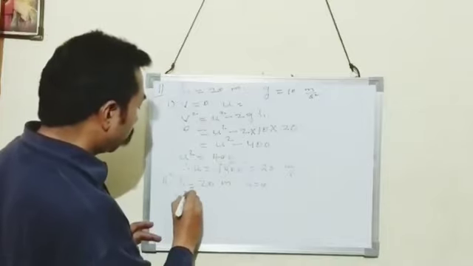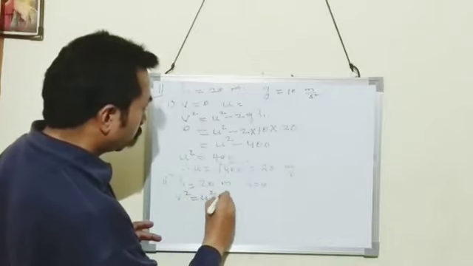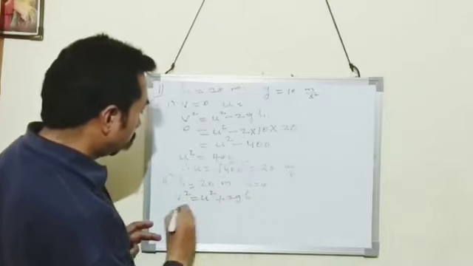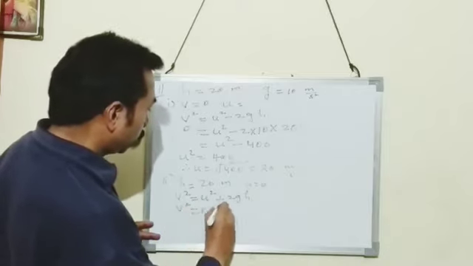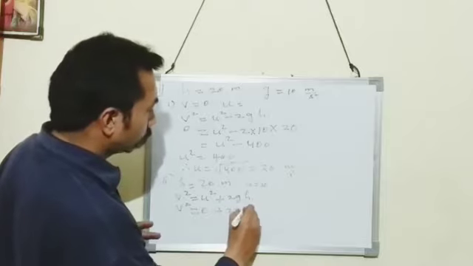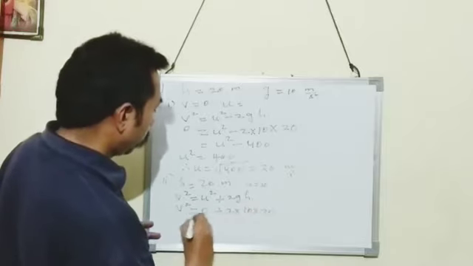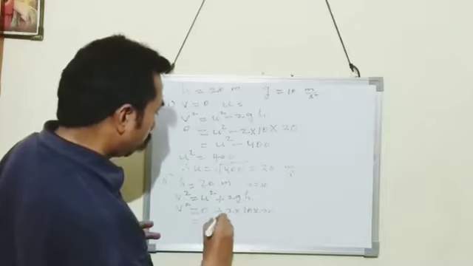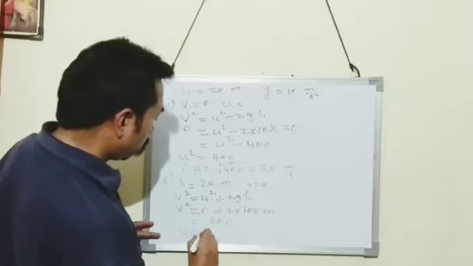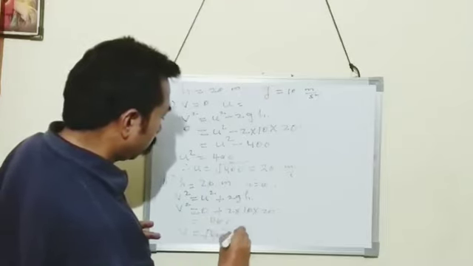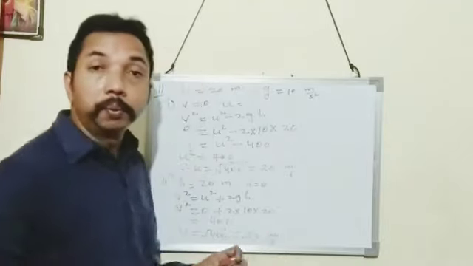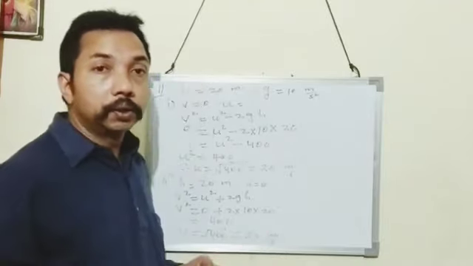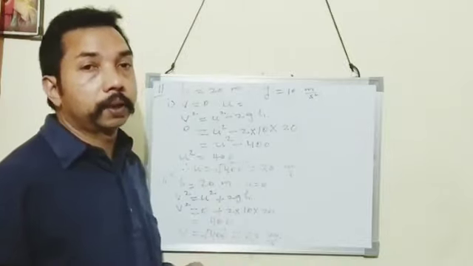While coming down, v squared is equal to u squared plus 2gh. u is 0, plus 2 into g, which is 10, and h is 20. 2 into 10 is 20, so 400. So v is equal to the square root of 400, which is 20 meters per second. The initial velocity is 20 meters per second and the final velocity is also 20 meters per second.